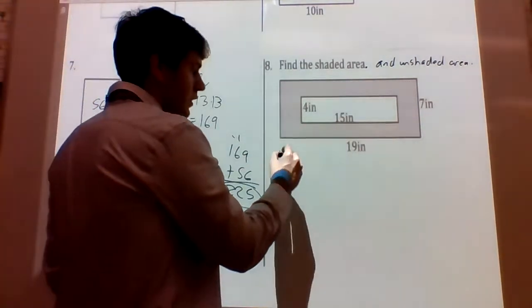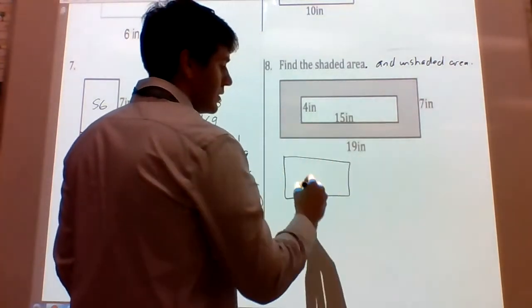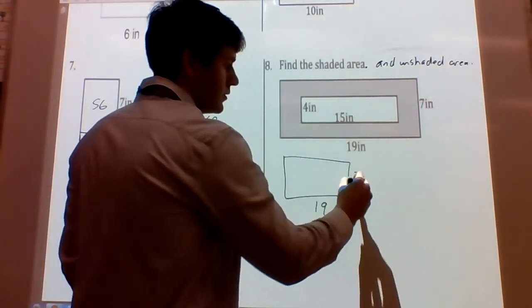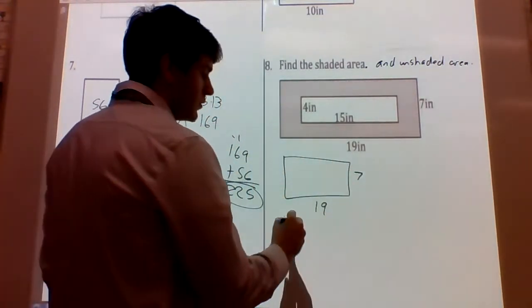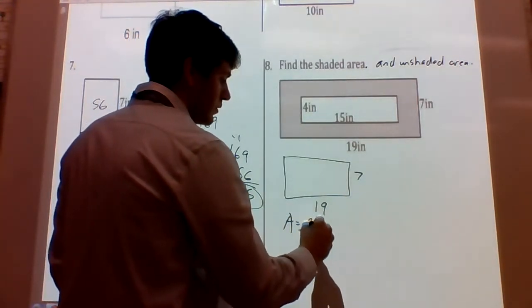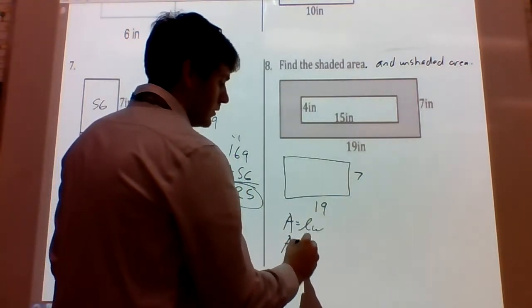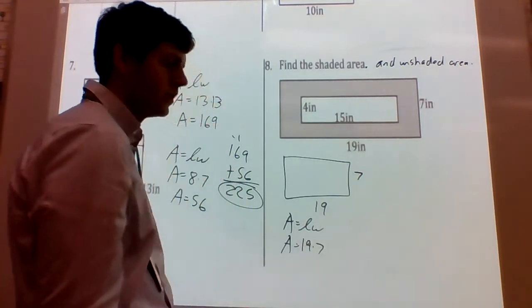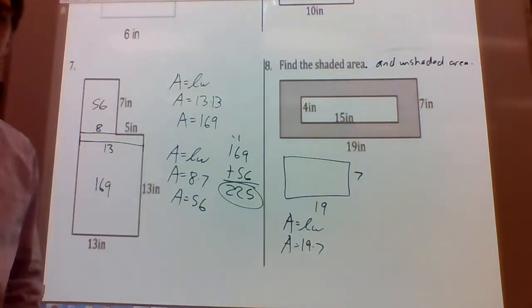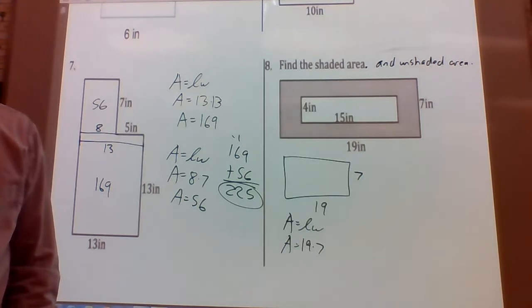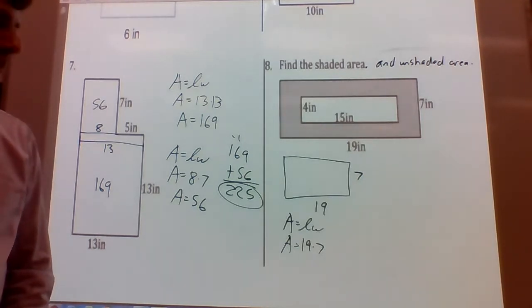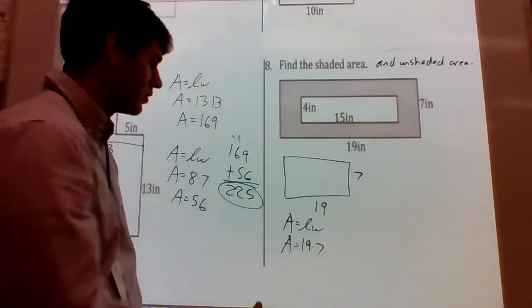So the large rectangle is 19 by 7. So the area is length times width, 19 times 7. So 20 times 7 is 140. 1 times 7 is 7. 140 minus 7 is going to give us 133.